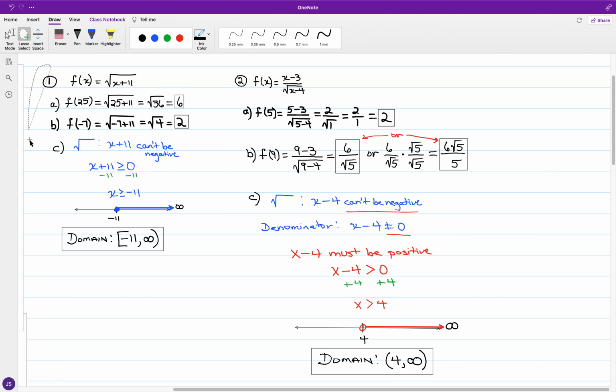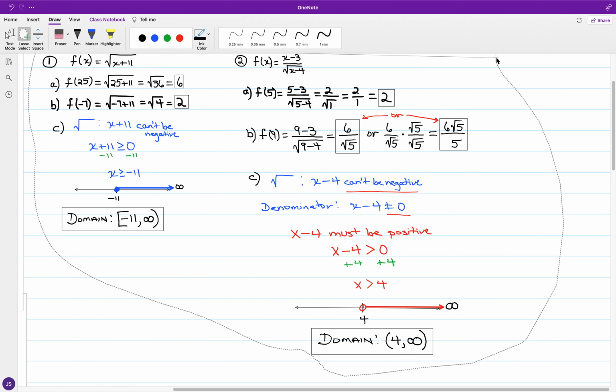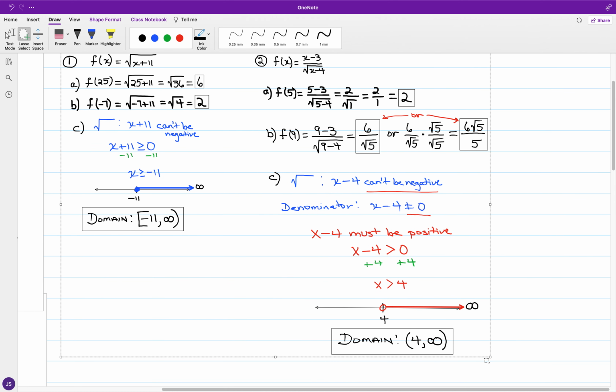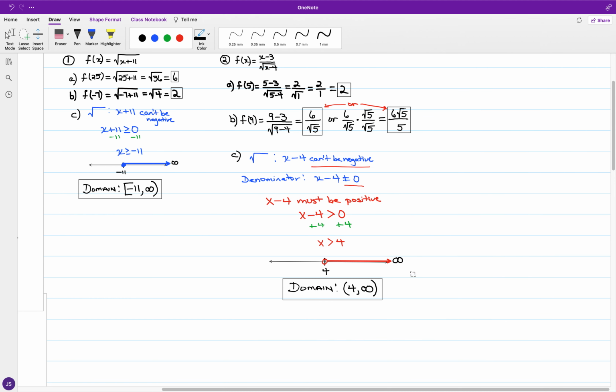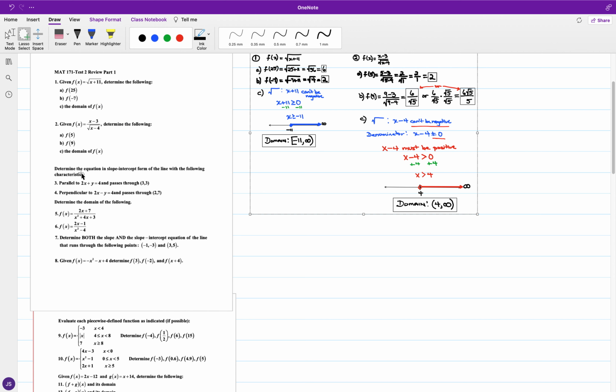we're looking at parallel and perpendicular lines. And let me create just a little bit of room here. Okay, so we have item number 3. It says to determine the equation in slope-intercept form of the line with the following characteristics.